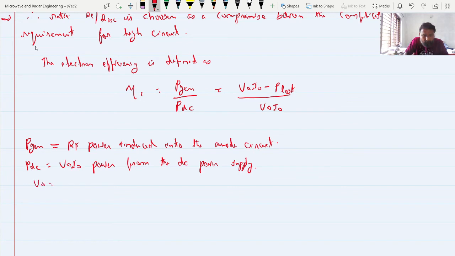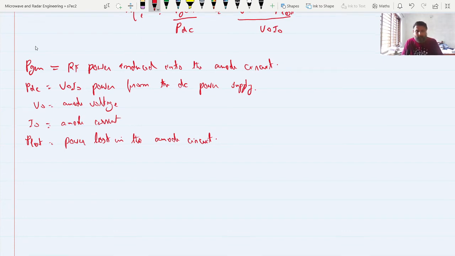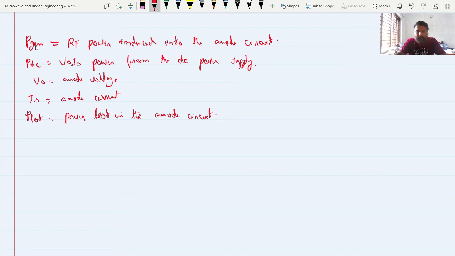V naught is the anode voltage, I naught is nothing but the anode current. Okay. And P loss is nothing but the power loss in the anode circuit.